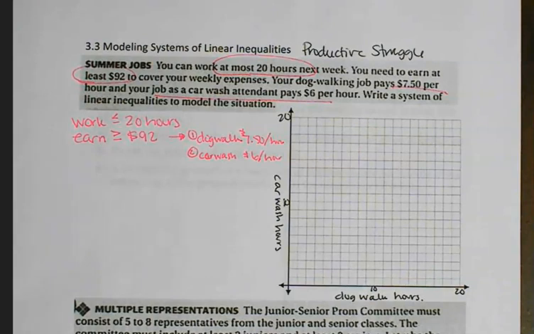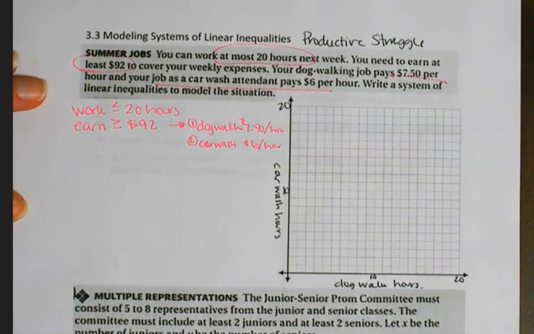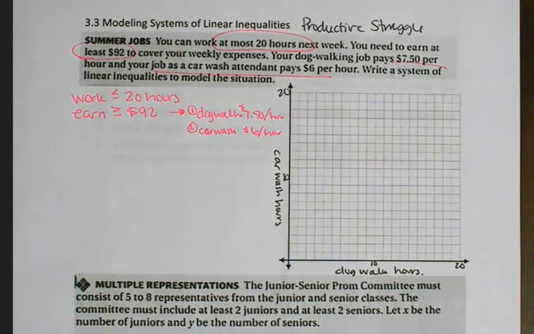So the kind of productive struggle that I'm asking you to do is, how do you do this? Do you start with equations? Some people are really good at the equations make sense and they can write an equation. Are you somebody who's just going to think through things?